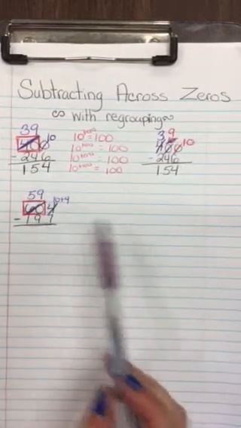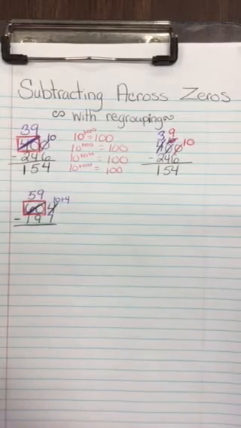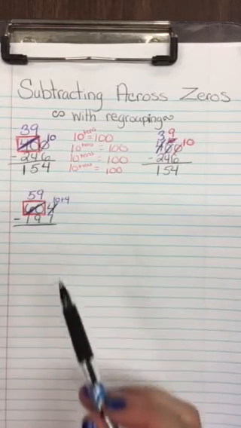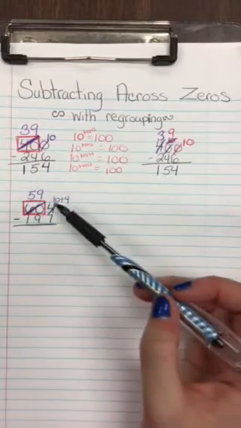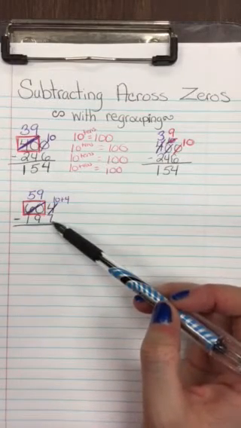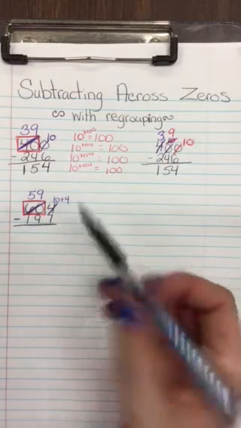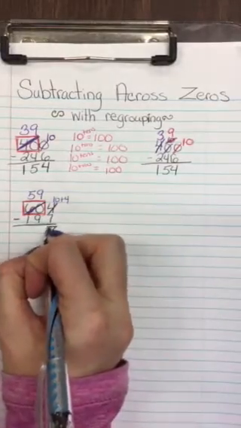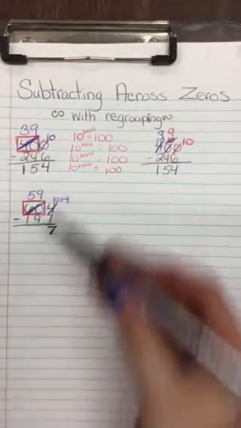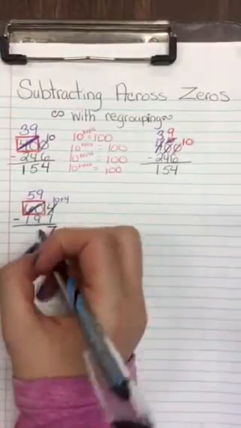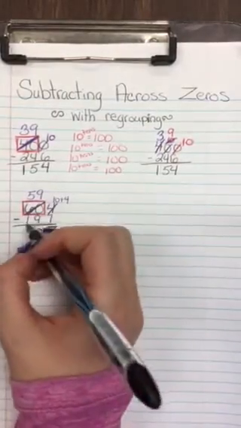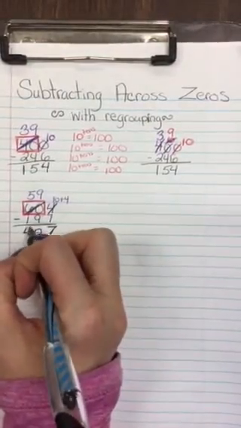In this case, it ends up being a double, so that's not too bad. So we know 14 minus 7 is 7, but I could also say 10 minus 7 is 3, and then 3 plus 4 is 7. So either way, your answer is going to be 7. And now 9 minus 9, 0, and 5 minus 1 is 4.